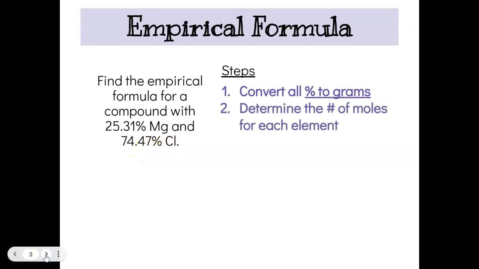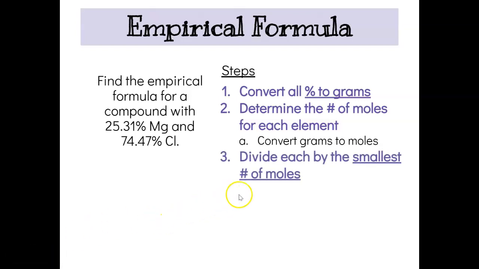Step 2, we are going to determine the number of moles for each element. So we're doing a mole conversion here, going from grams to moles, so we will need to use our molar mass. Again, that comes from the periodic table, the average atomic mass. Then we are going to divide each by the smallest number of moles.